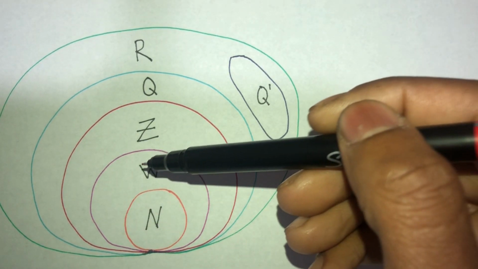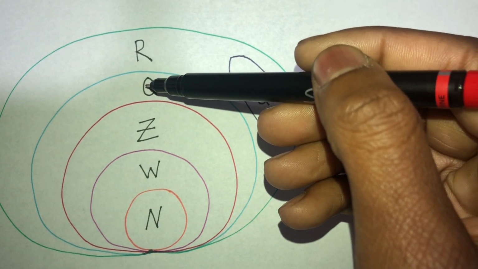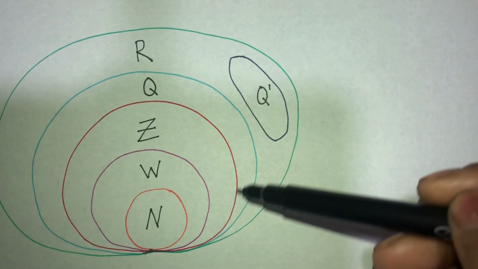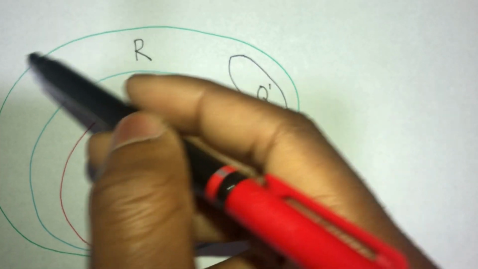Natural numbers, whole numbers, integers, rational numbers, all of these numbers are subsets of the set of real numbers.